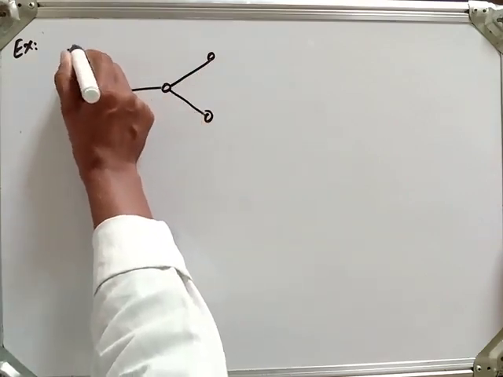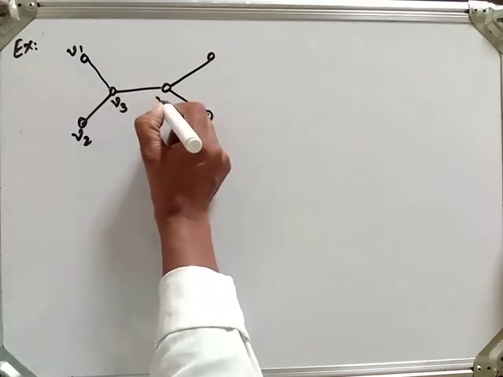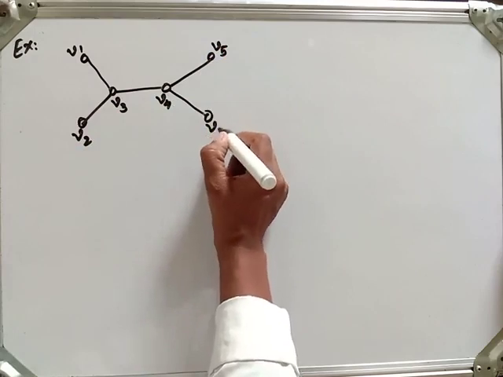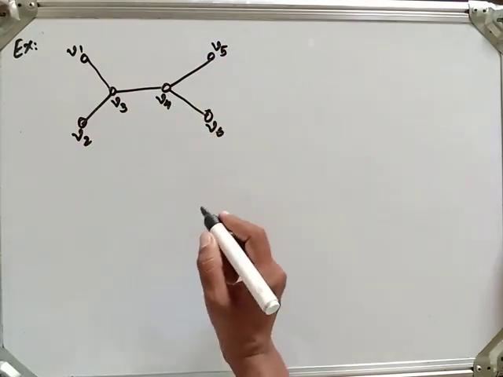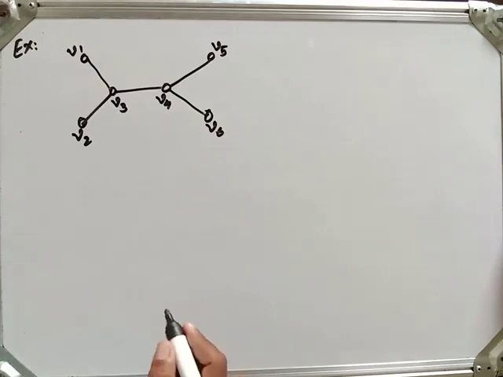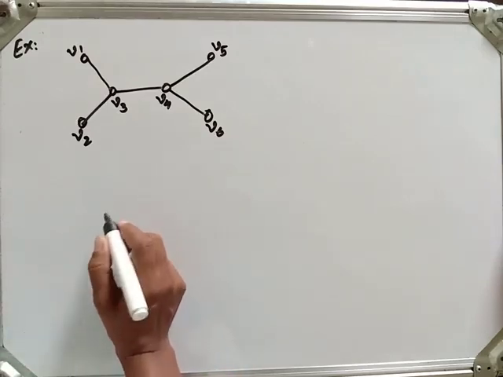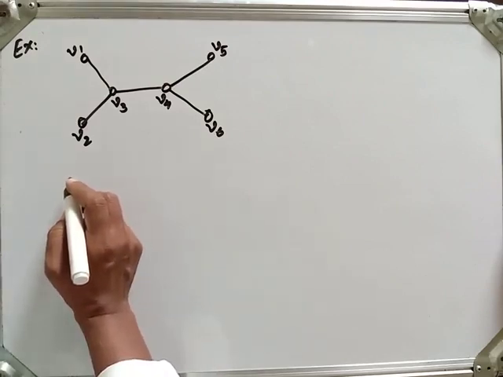Suppose this is V1, V2, V3, V4, V5, V6. Now let's determine the eccentricity for each one. Our aim is to determine the center for this tree.